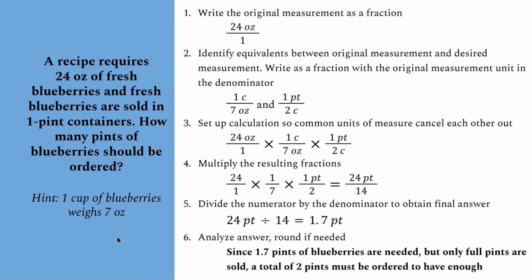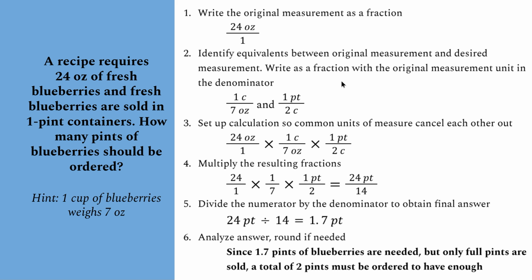So I'm going to use the bridge method here to break this down. I'm going to write the original measurement as a fraction first. We need 24 ounces of blueberries. Just throw that over a fraction line and 1. And next to it, I need to identify the equivalence between the original measurement and desired measurement.